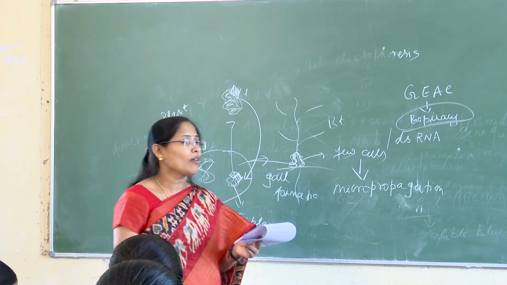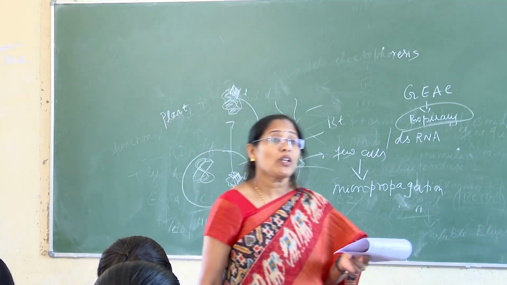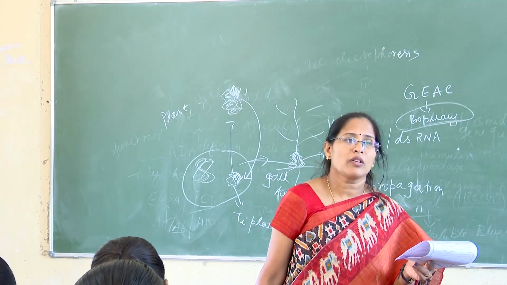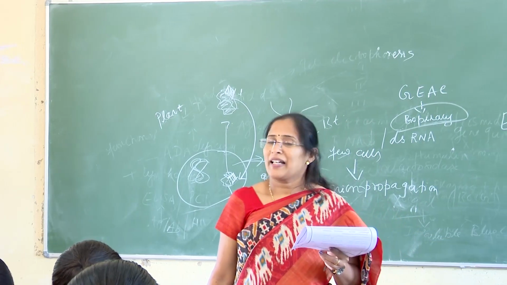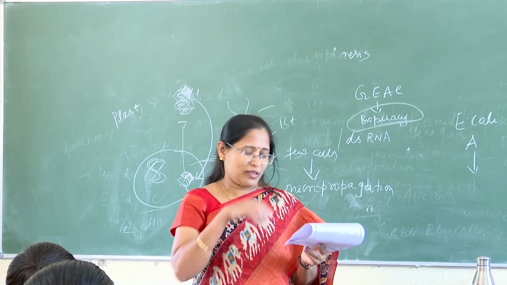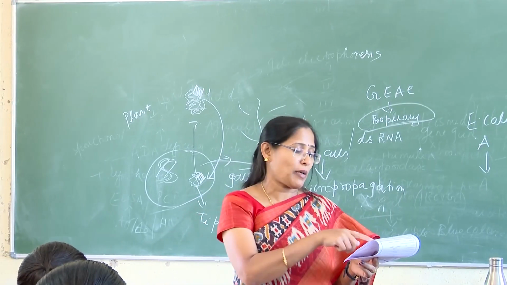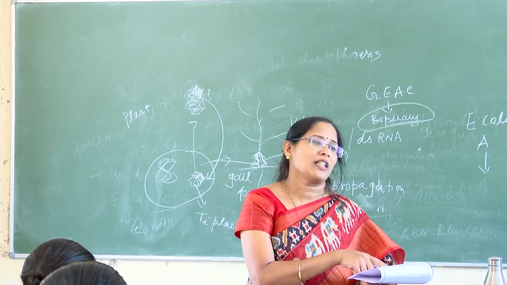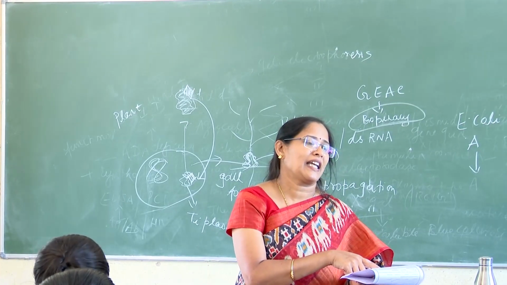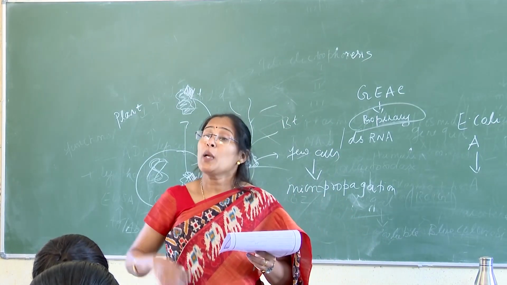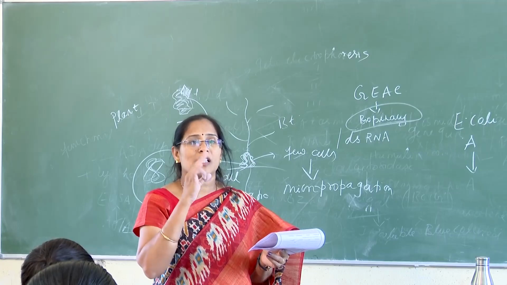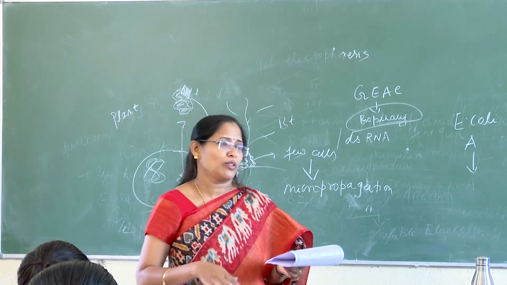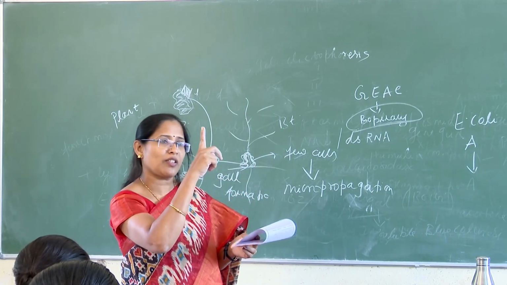BCG is for? That vaccine is given for? Tuberculosis. Against Mycobacterium tuberculosis, the TB bacilli. BCG is the first vaccine given when a child is born, as soon as the baby comes out.